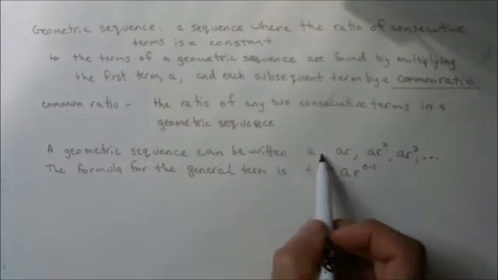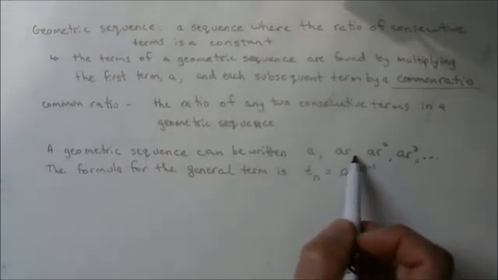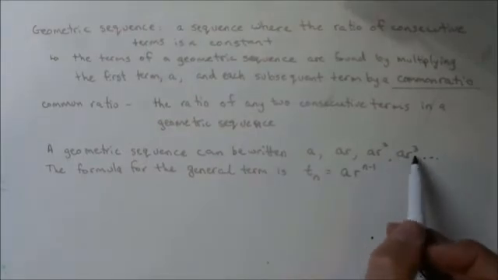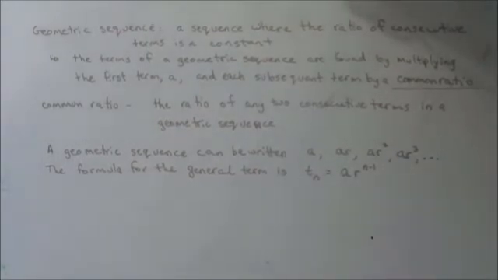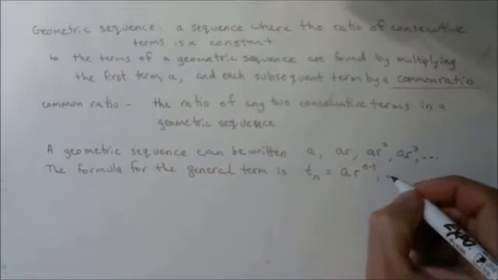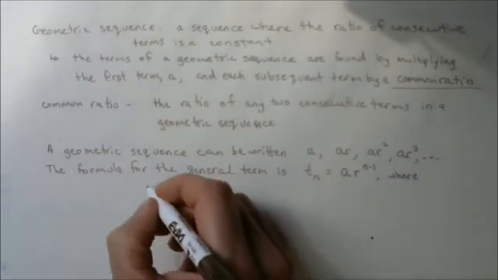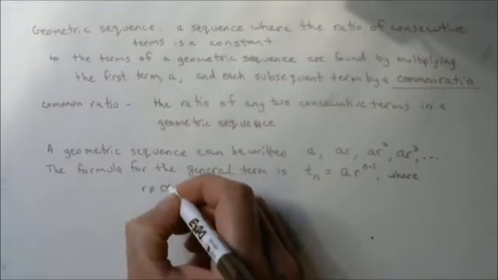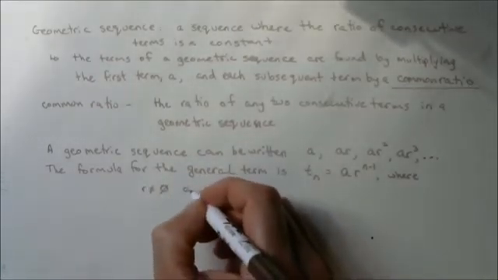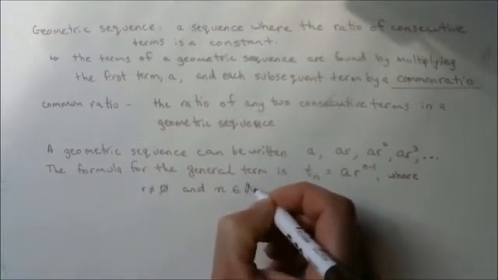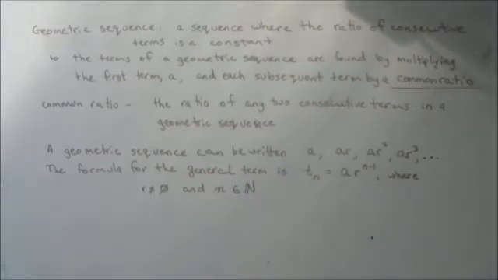Say it again. Term 1, no factors of r. Term 2, 1 factor. Term 3, 2 factors. Term 4, 3 factors, and so on. Little qualifying rule here, where r cannot equal 0 and n belongs to the set of natural numbers.